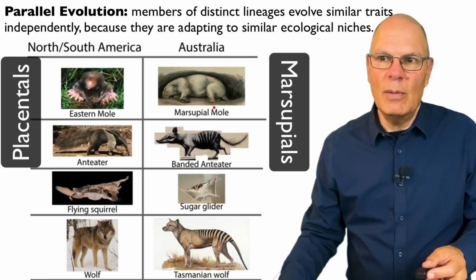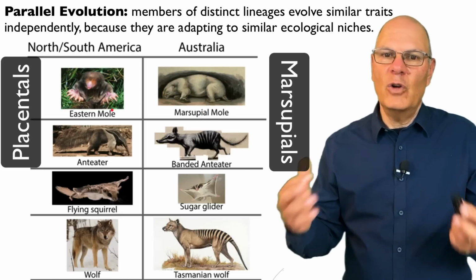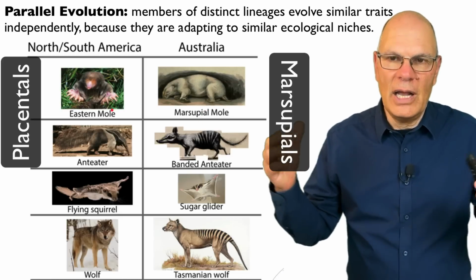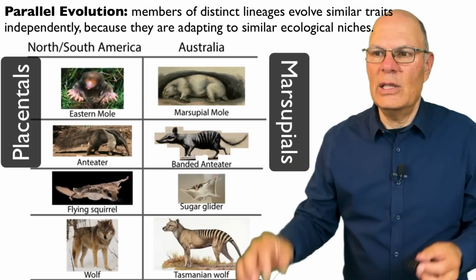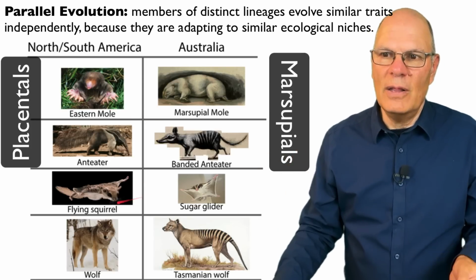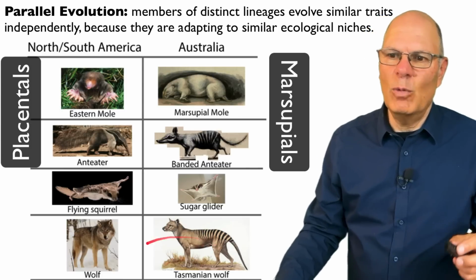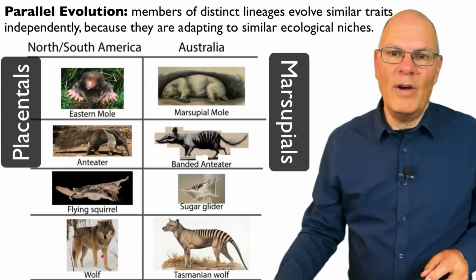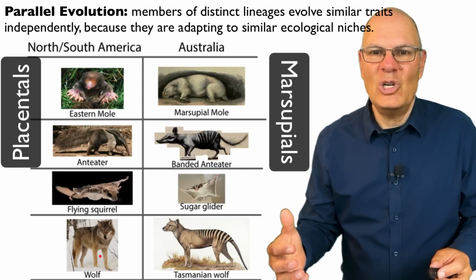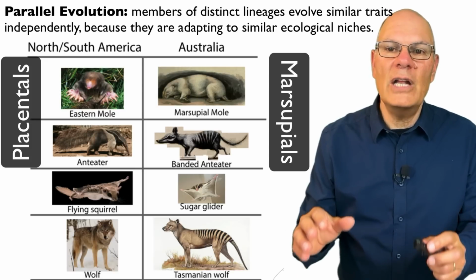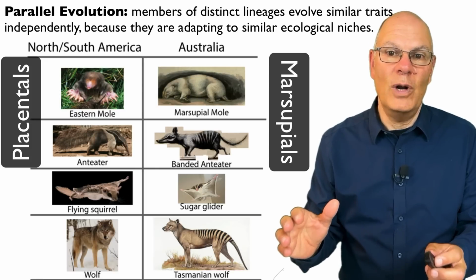So the marsupial mole and the eastern mole, convergent similarities based on a common niche. They're both digging in the soil. The sugar glider and the flying squirrel, and even top predators, the now extinct Tasmanian wolf and the wolf that we find in North America and Eurasia. Biogeography, another entire line of evidence for evolution.